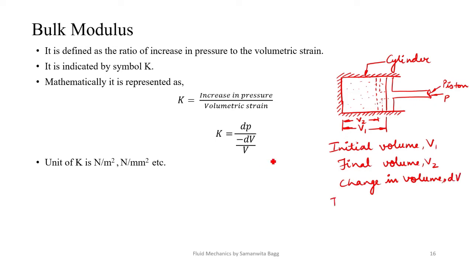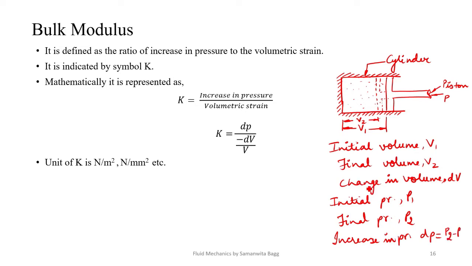Now the initial pressure is say P1 and the final pressure is say P2. There is an increase in pressure that you will see. Let me say it is dP. So initial pressure is going to be low and the final pressure is going to be more. So it is P2 minus P1.